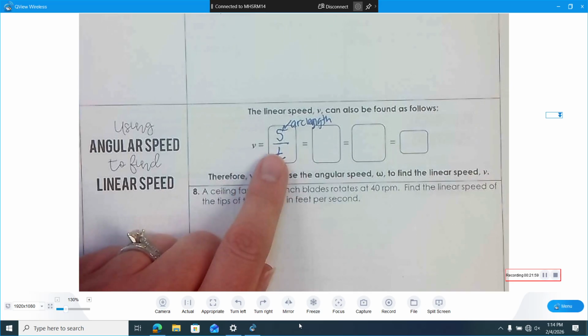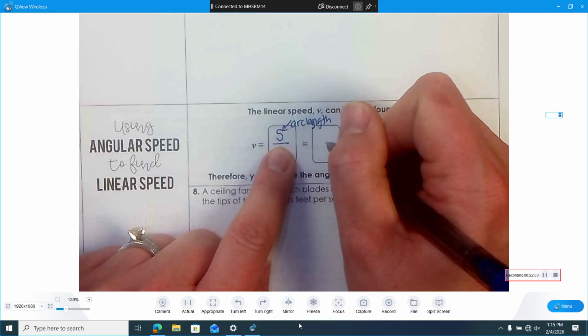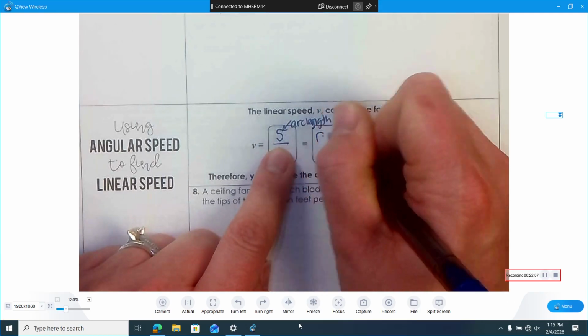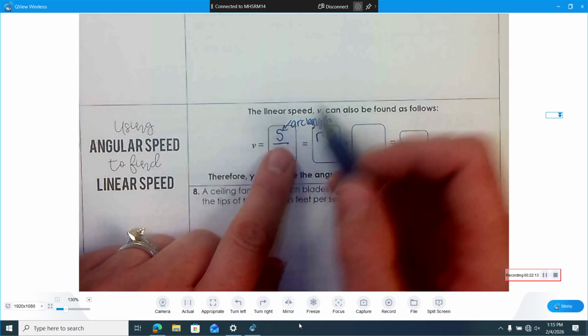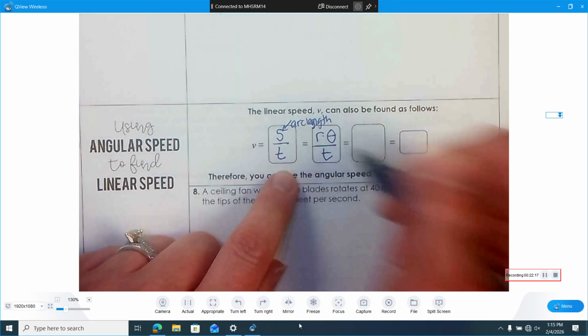And because we did arc length, we know from our work the day before, arc length is the radius times theta. S equals R theta. Do you remember that equation? S equals R theta was our arc length equation.